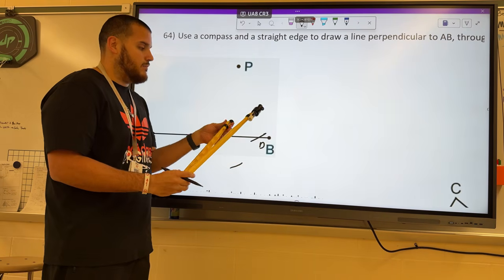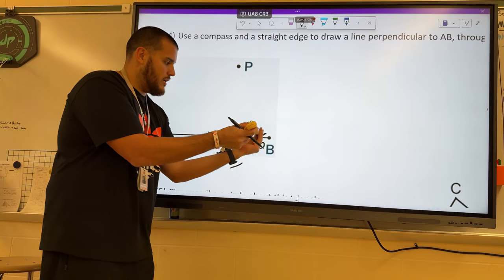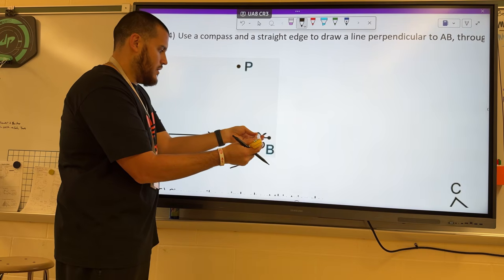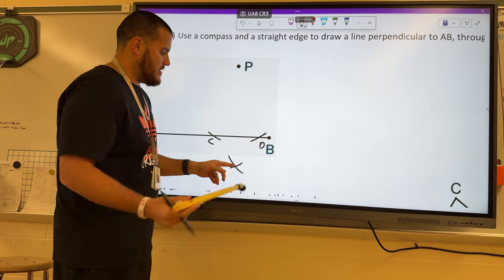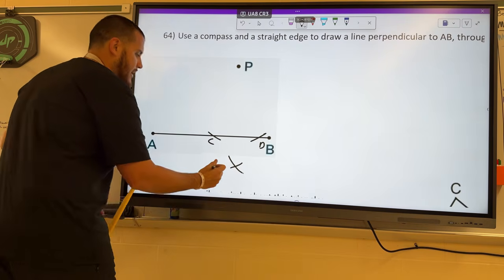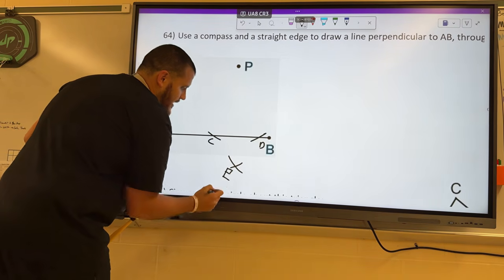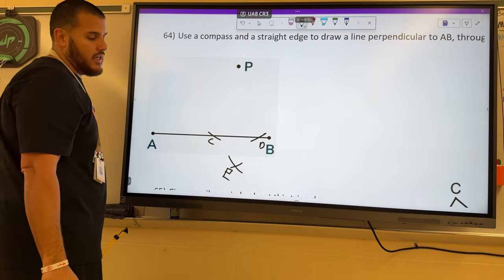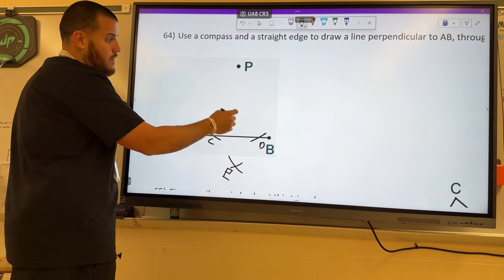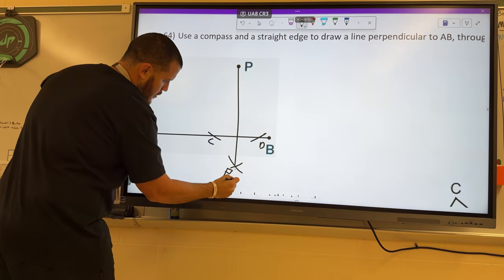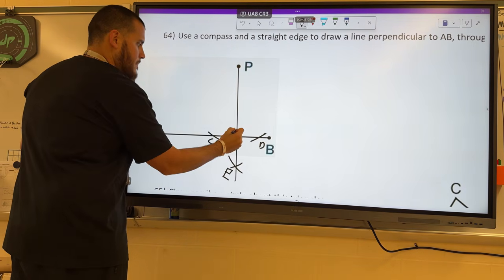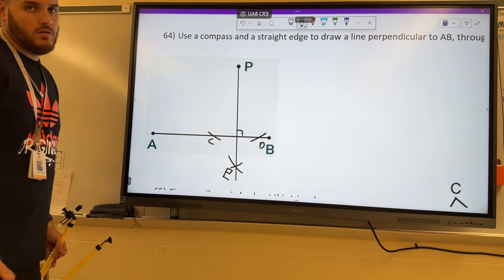I'm going to keep this same setting. I'm going to put it on point D, and I'm going to make an arc, again, below that intersects that one. And now I have, you can call this point E. I have 2 points now that I can connect from P to E that will be perpendicular to AB as I do so. So boom, going through. That looks pretty good. It looks perpendicular to me.